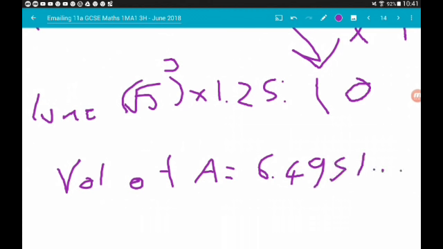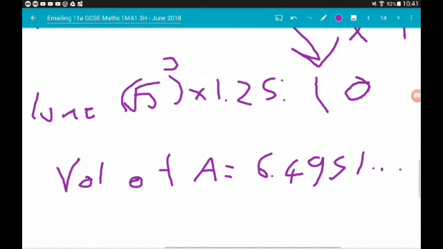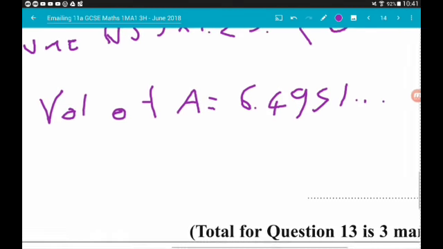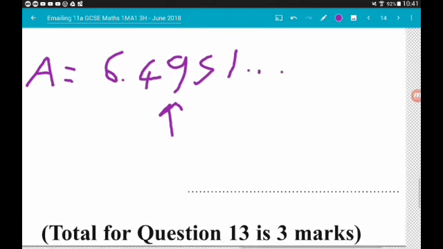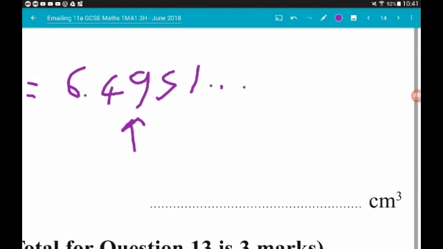So the third sig fig is the 9. Now the 9 has a 5 after it, so effectively the 9 rounds up to a 10. So to 3 significant figures, we get 6.50 centimetres cubed.